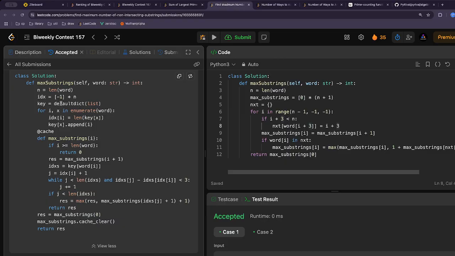But I'm creating this data structure where for each value I have a list of indices where it occurred, which is the same that you would have in the bisect solution. But then I also have this other array where I put the index of that occurrence of the value.